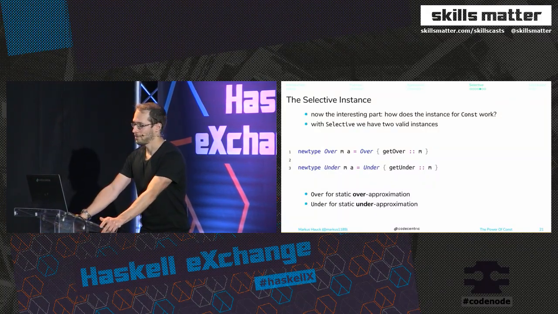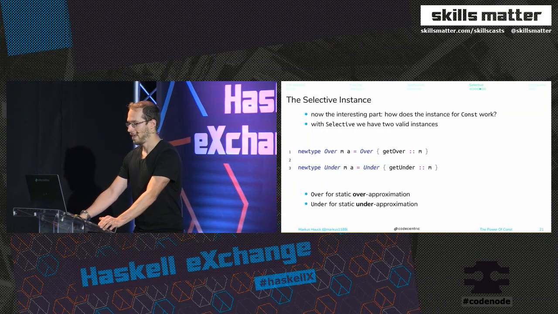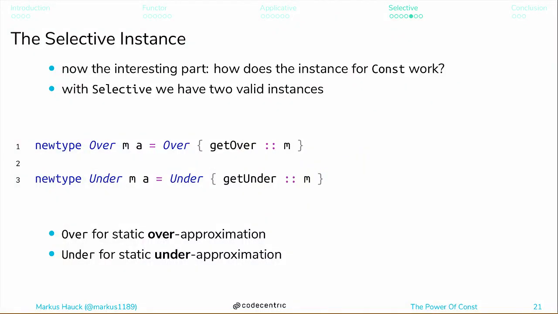Okay, and now the interesting part. How does the instance for Const work here? Well, actually, for the selective type class, we have two alternatives to implement this. For this, we define two new types called Over and Under, which are essentially Const, but just wrapped.